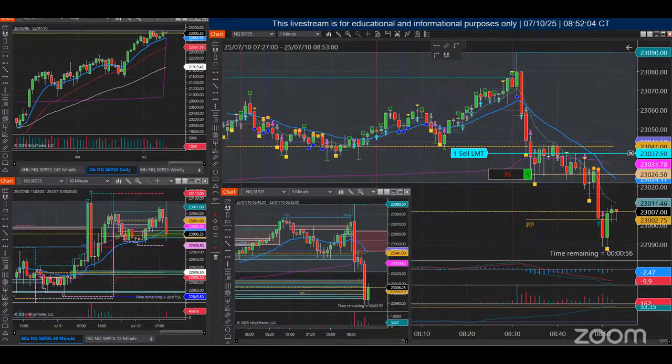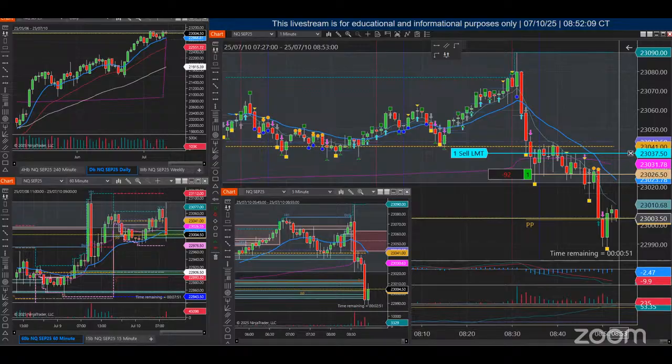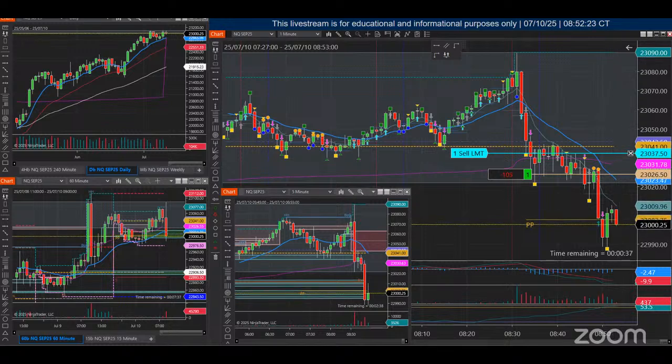Okay, so on the 1 minute, I have the candle confirmation that it is holding there. But 1 minute is not that reliable in NQ anyway. It gives some setups, but it can easily whipsaw.